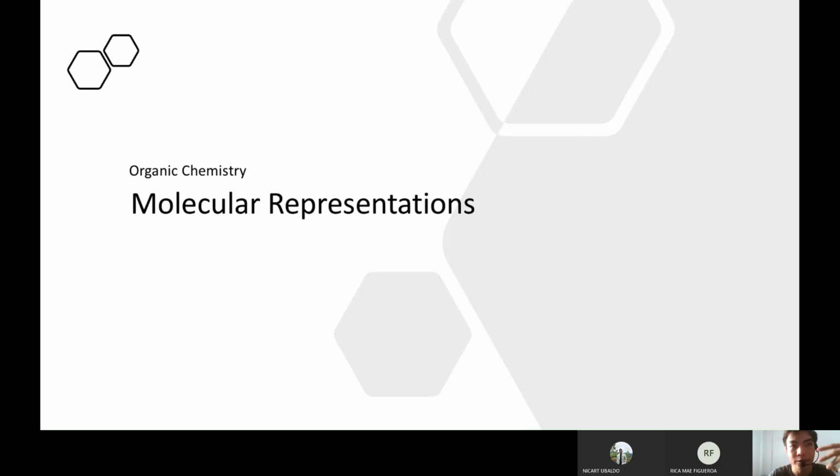However, if carbon chooses not to use one or two p orbitals, then we will have a pi bond. So we will have a p orbital that looks like this.